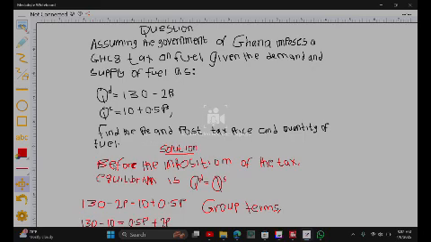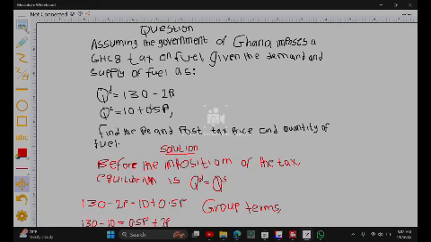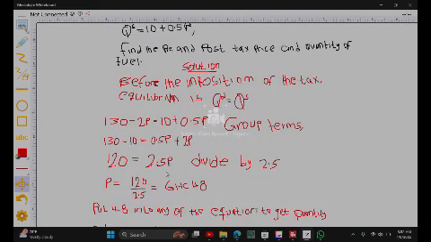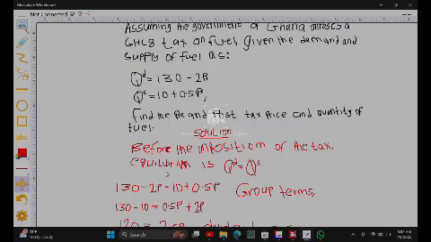So before the imposition of the tax, equilibrium is just quantity demanded equals quantity supplied at any equilibrium point. Okay. So that's before the imposition of the tax. You have to know that. So right now, we know that our quantity demanded is here and our quantity supplied too is here.